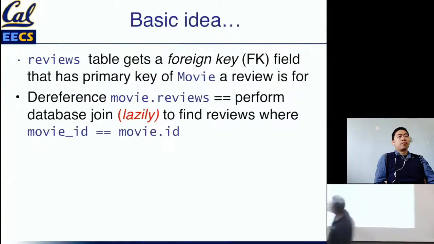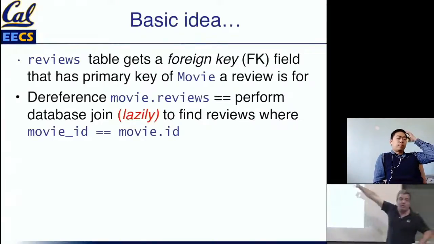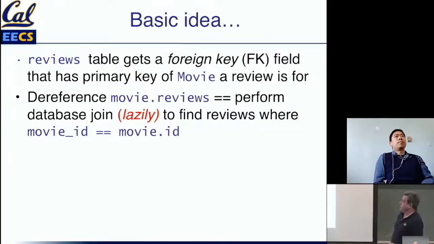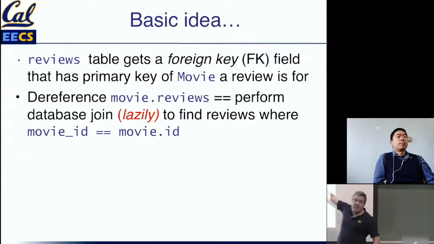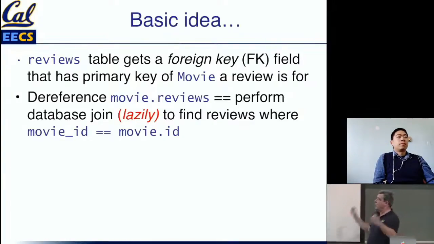It's going to look at the reviews table and pull out all records where the movie ID value matches the ID of movie, the receiver of that method. I say that it does it lazily, which just means that the join and the query are not actually done until you try to retrieve something from the collection.